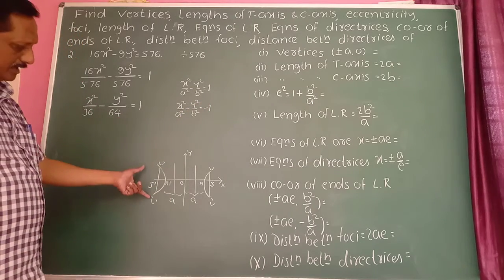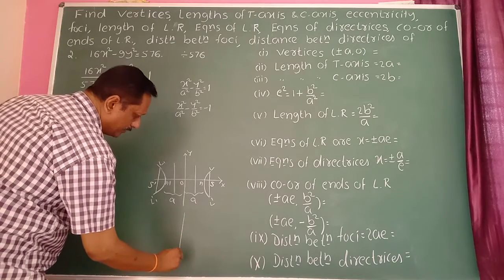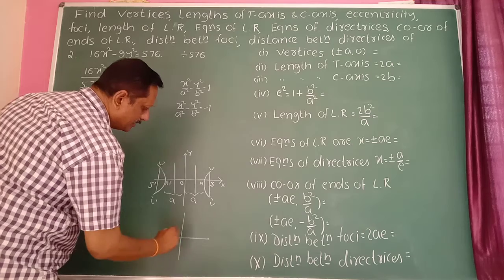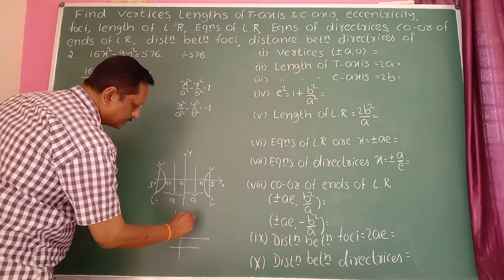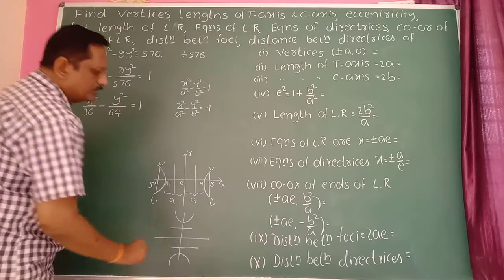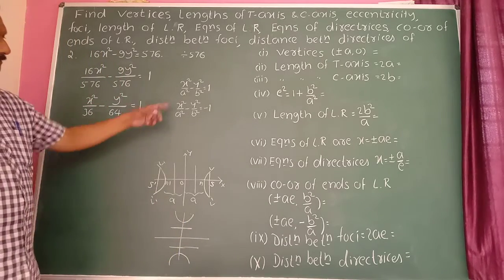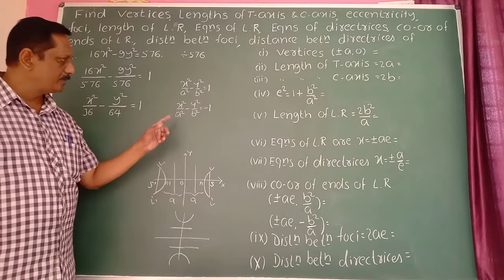So this is simply a hyperbola here. Conjugate hyperbola means the y-axis becomes the transverse axis. Such a type of hyperbola is said to be a conjugate hyperbola. The equation of the hyperbola is this, and the equation of the conjugate hyperbola is this one.